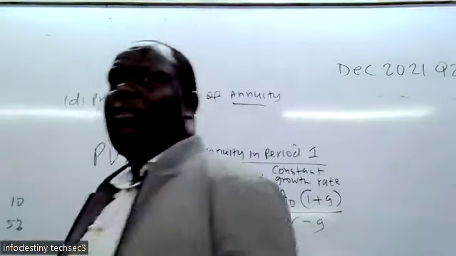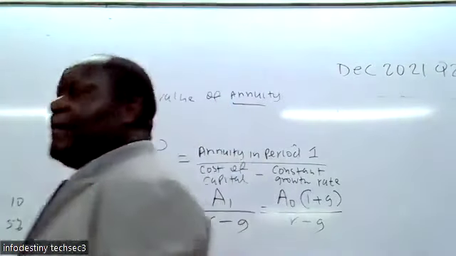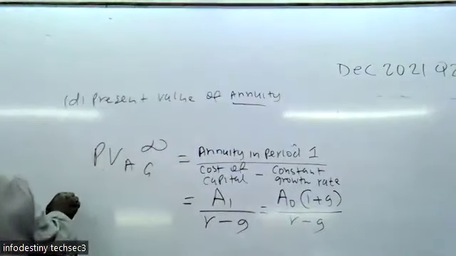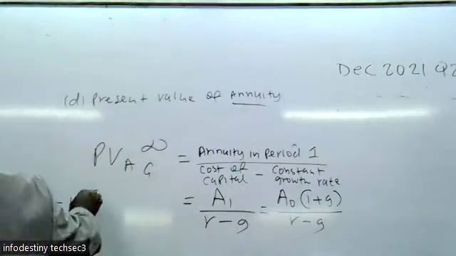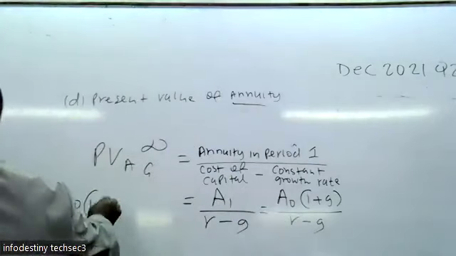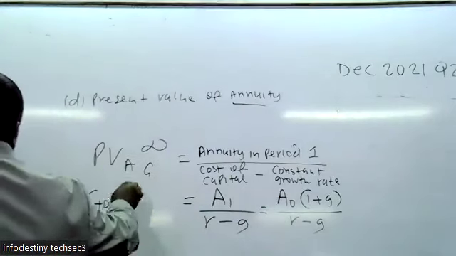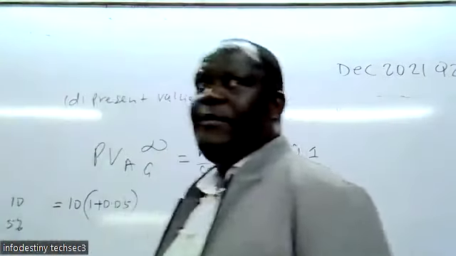So if I want to get that figure next year, I simply take 10, then 1 plus the growth rate, 5%, the same as 0.05.